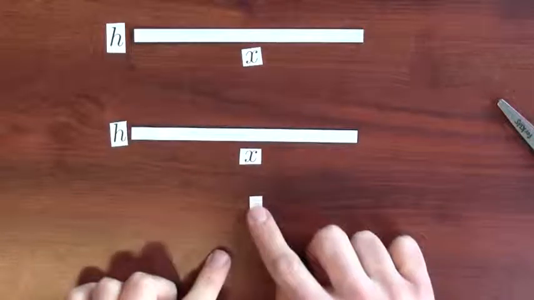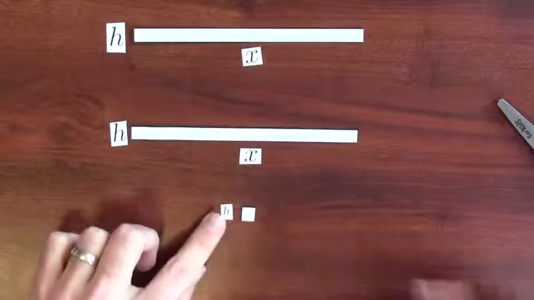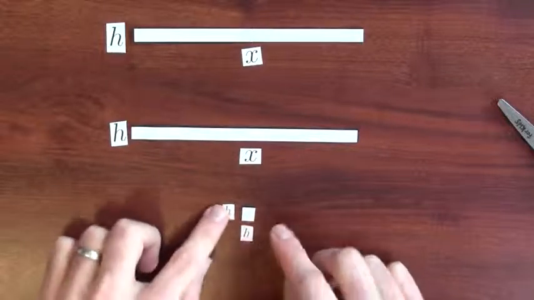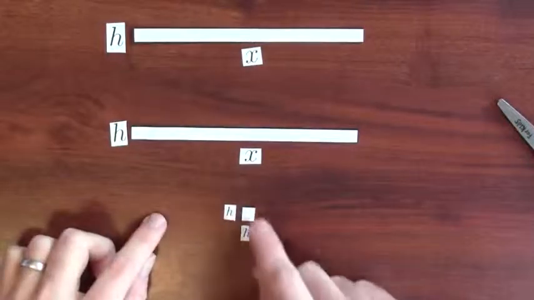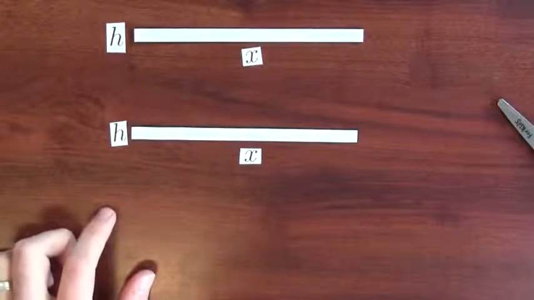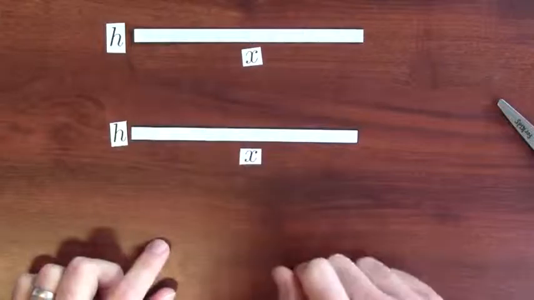I'm also left with this little tiny corner piece, and that little tiny corner piece has side length h, and the other side is also length h. It's a little tiny square. Well, in the limit, this little tiny corner piece is infinitesimal. I'm going to throw this piece away, and most of the area is left in these 2 long, thin rectangles.